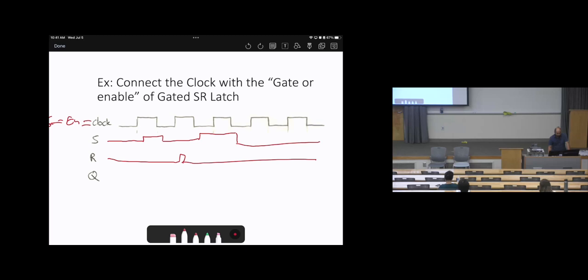Let me make sure that I have the right waveform.